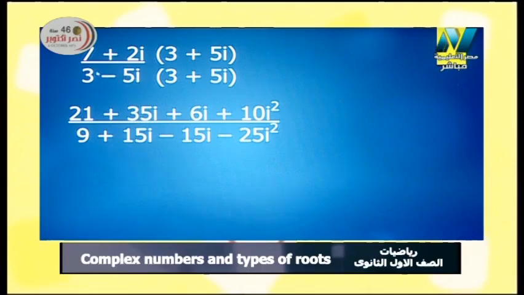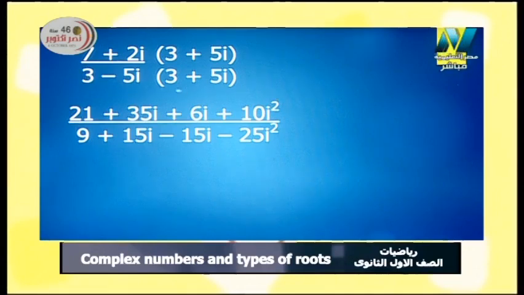Why? Look with me and concentrate. We will multiply 7 by 3 first, equal 21. 7 multiplied by 5i equals 35i. 2i multiplied by 3 equals 6i. 2i multiplied by 5i equals 10i squared. And don't forget that i squared equals negative 1. Okay.